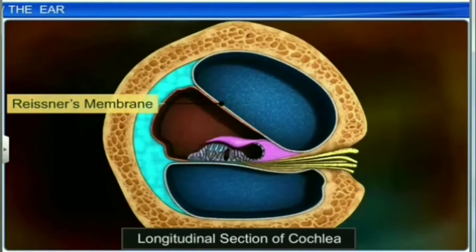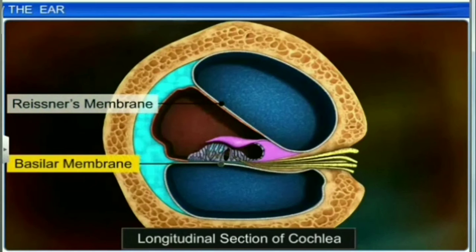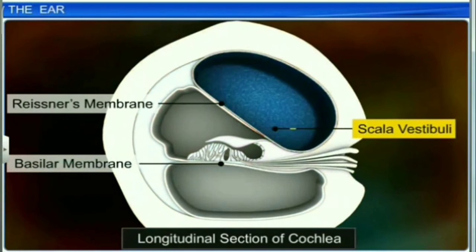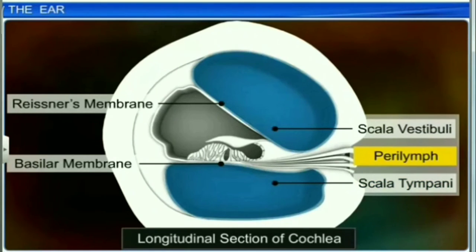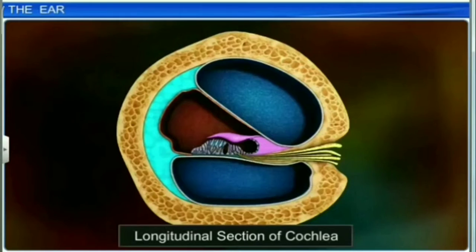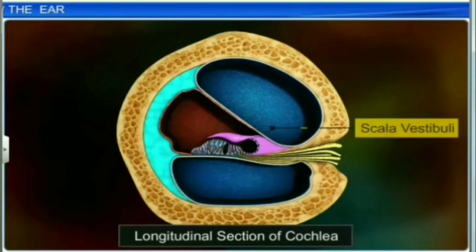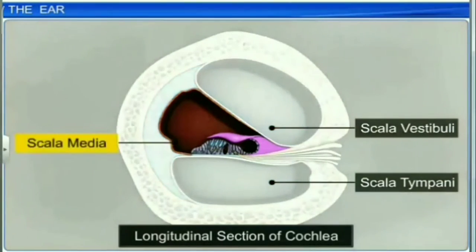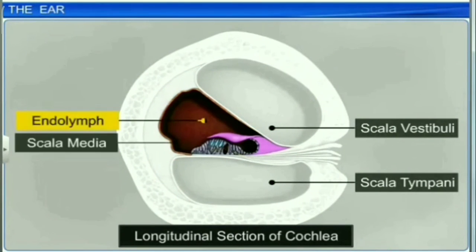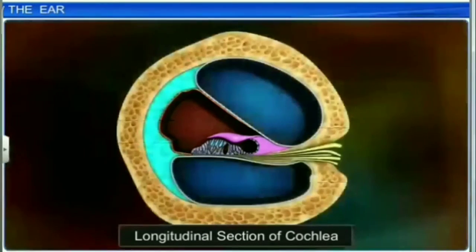The upper chamber towards the vestibule is called scala vestibuli and the bottom chamber is called scala tympani, and both are filled with perilymph. The middle chamber is called scala media and is filled with endolymph.